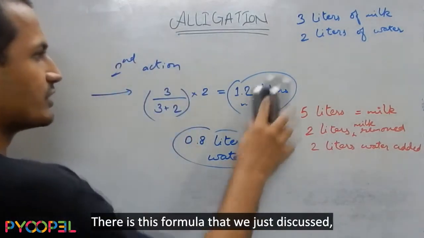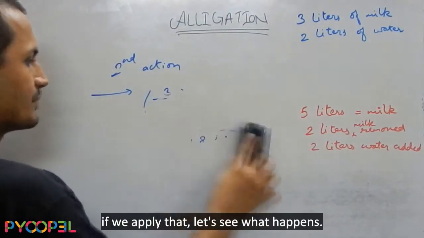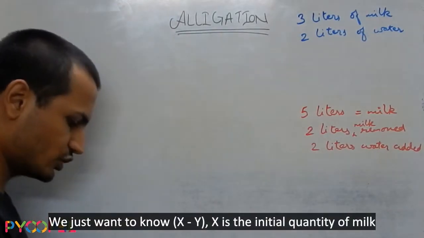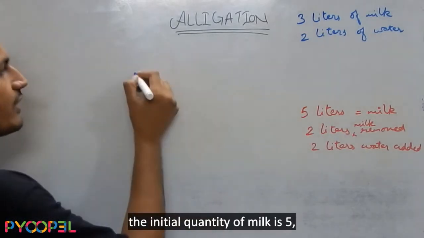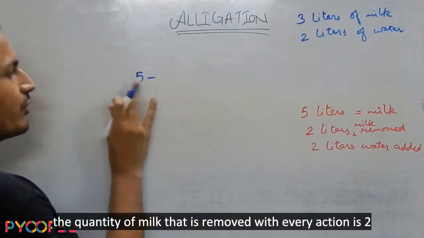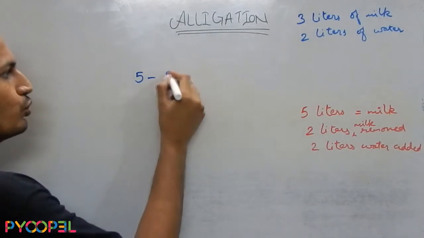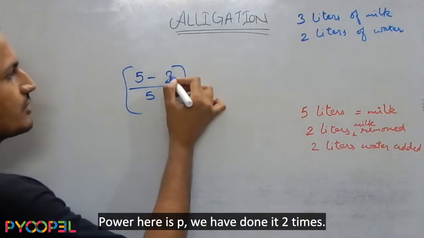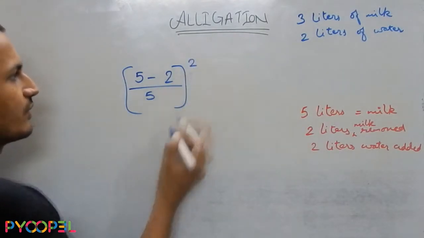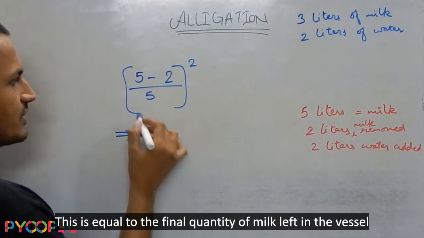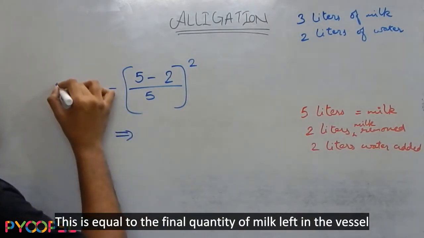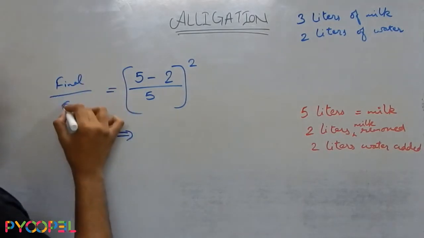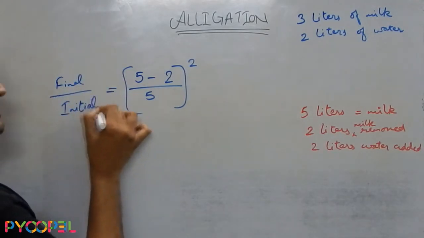There is this formula that we've just discussed. If we apply that, let's see what happens. We just want to know (x minus y) over x. X is the initial quantity of milk, which is 5. The quantity of milk that is removed with every action is 2. So (5 minus 2) divided by 5, to the power p. We have done it 2 times, so this is equal to the final quantity of milk left in the vessel divided by the initial quantity of milk.